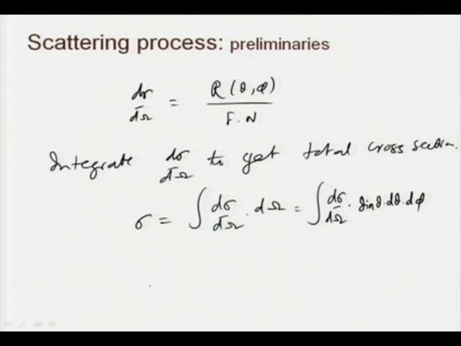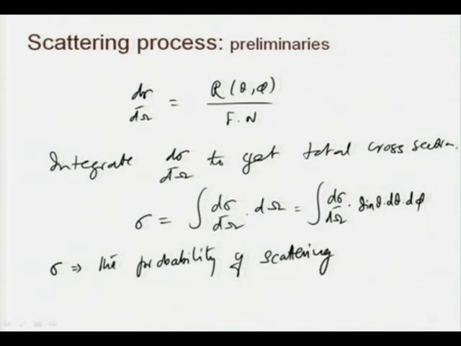And what is the meaning of this? Sigma gives the probability of scattering to take place.